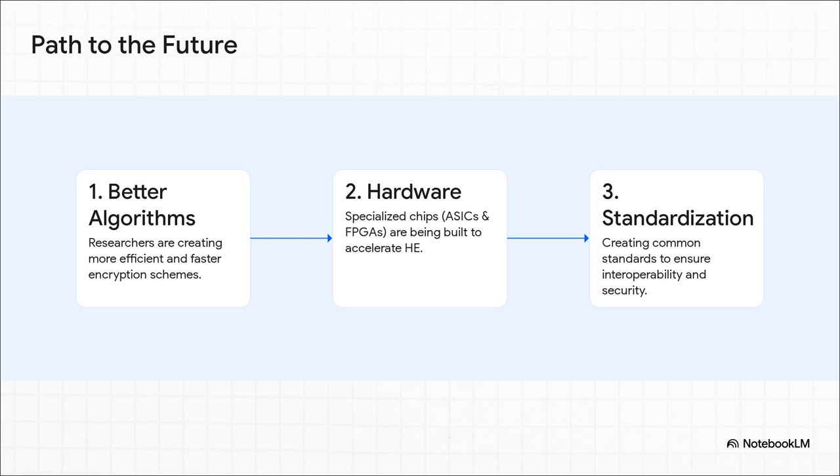First, you have researchers designing smarter, way more efficient algorithms. Second, you have engineers building specialized hardware, custom computer chips designed for one purpose, to accelerate these calculations. And third, the community is creating common standards to make sure the tech is not only secure, but also easy for everyone to implement.